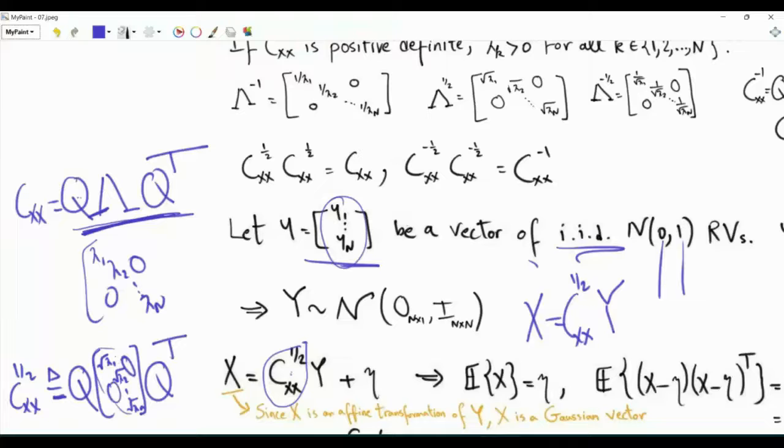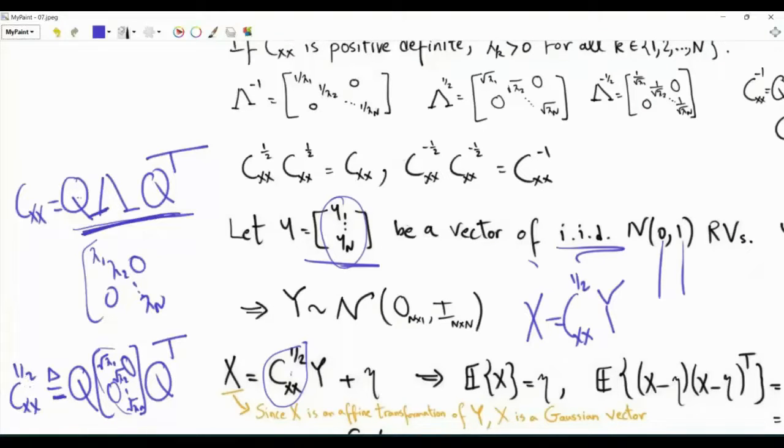This is an unambiguous computation, because those values are real and non-negative in the general case, positive in our case here. The positive square root of a positive number is unique. So this will be Cxx to the 1/2.